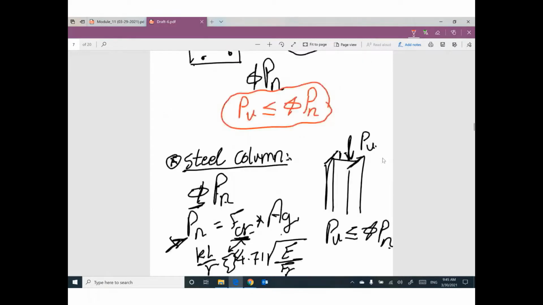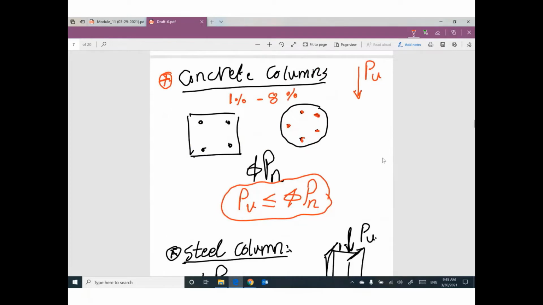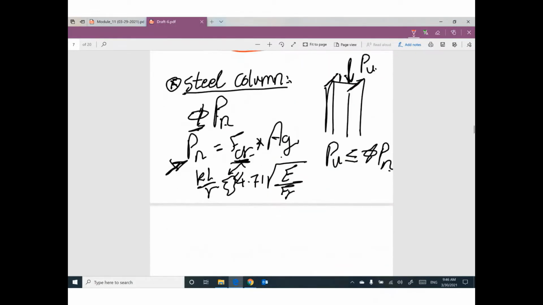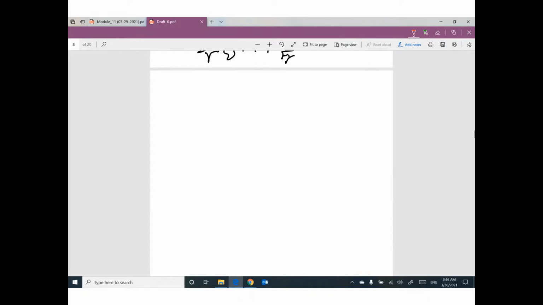So during the previous semester, we learned how to design concrete column. We have steel reinforcement embedded in concrete. And the percentage area of reinforcement divided by area gross of concrete is between 1% to 8%. In this semester, we learned how to design steel column under the effect of axial compressive load.